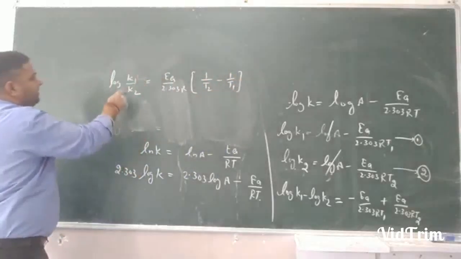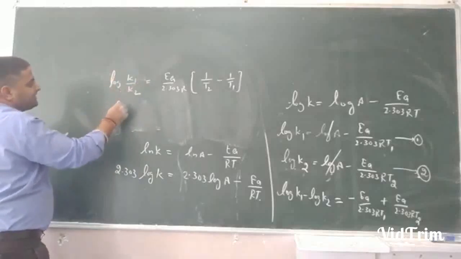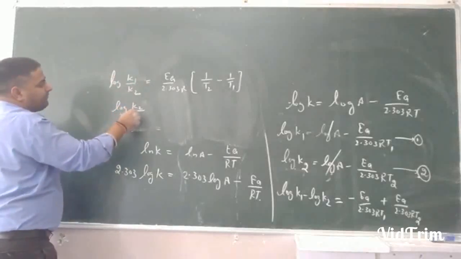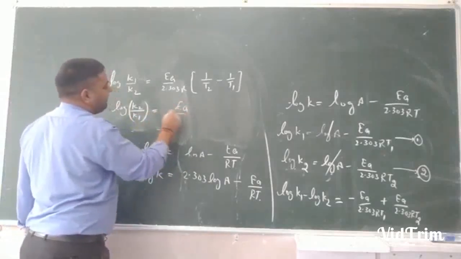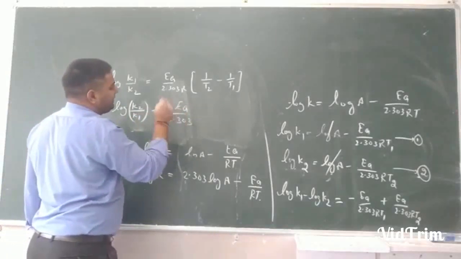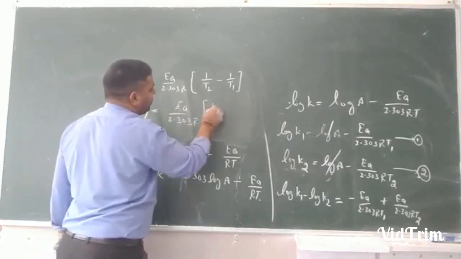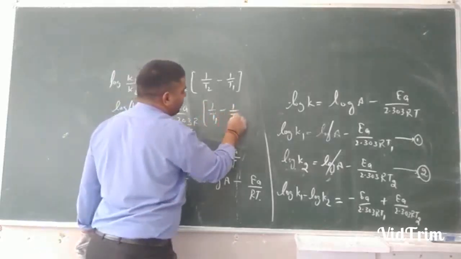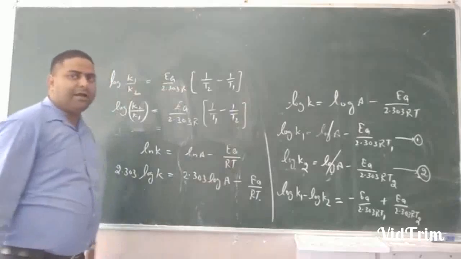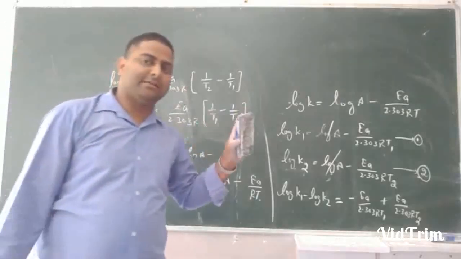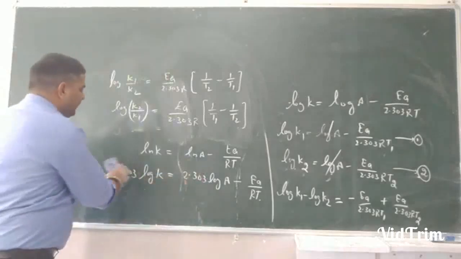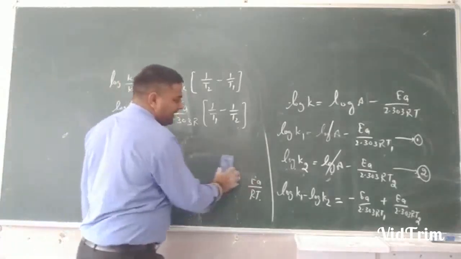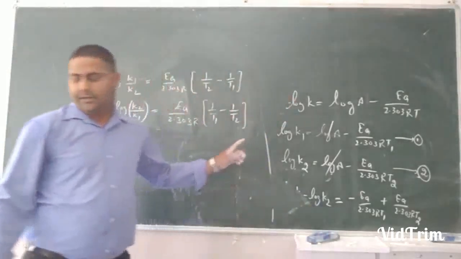If we take the reciprocal, we change the sign. So log k2/k1 = Ea/2.303R (1/T1 - 1/T2). Keep in mind, T1 is the initial temperature and T2 is the final temperature. This is known as the Arrhenius equation.